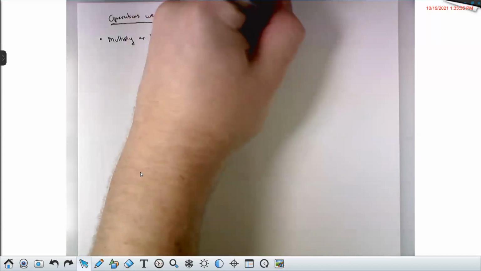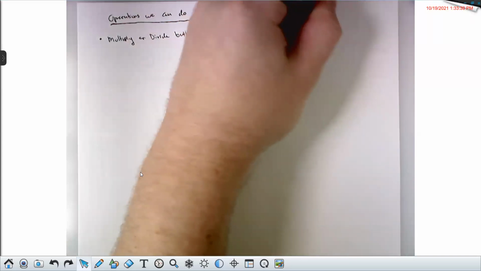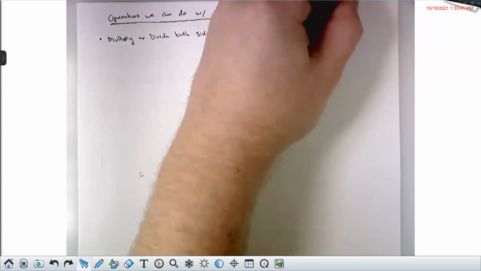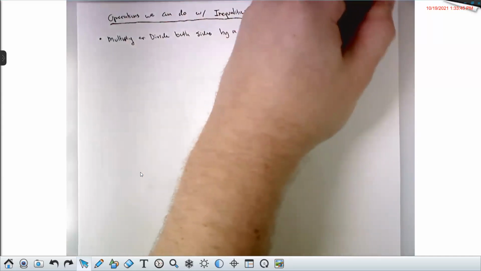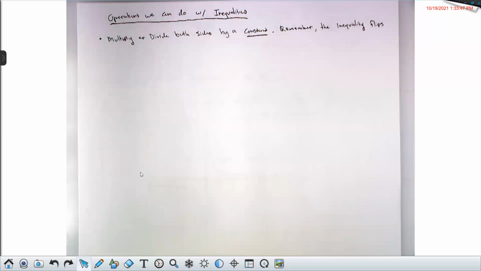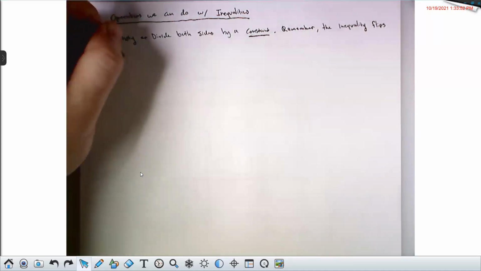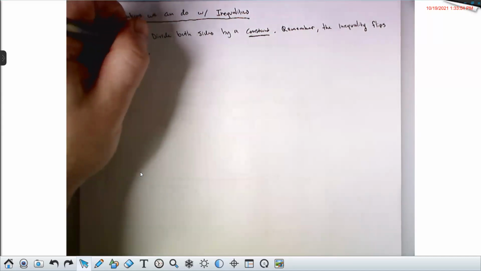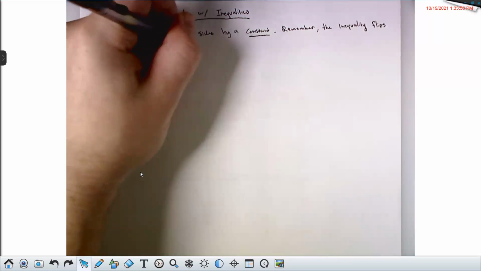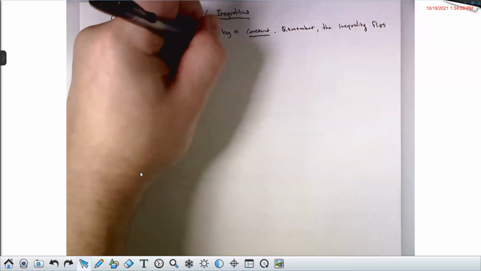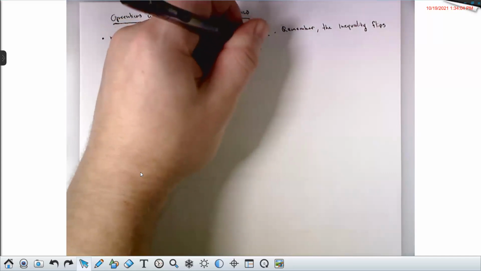You just have to remember the inequality symbol flips. We say the sense of the inequality changes. The inequality flips if you multiply or divide by a negative number.